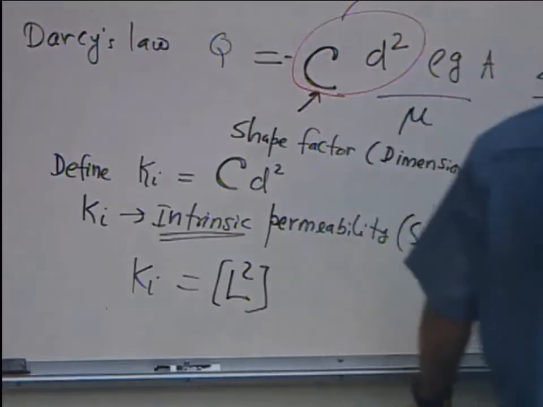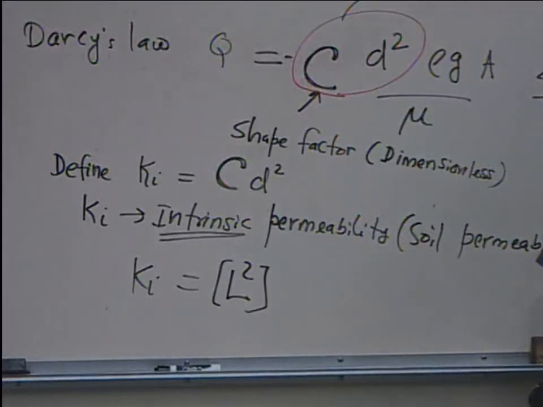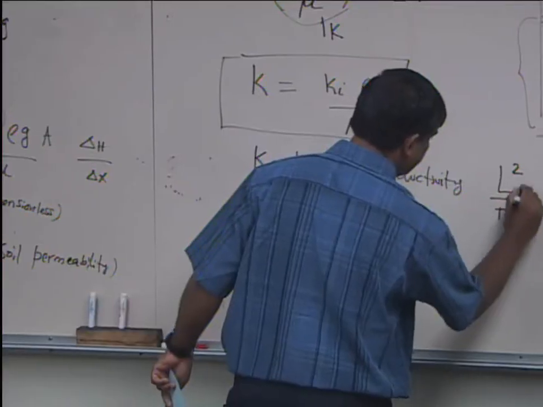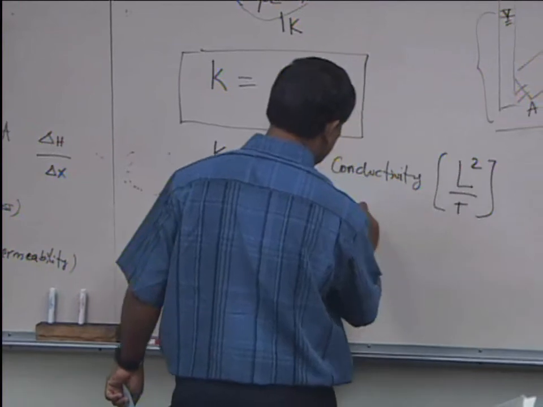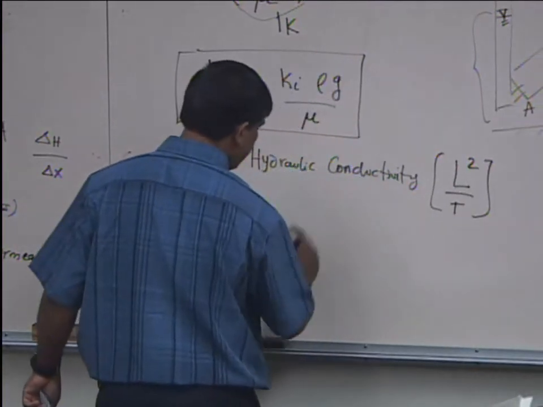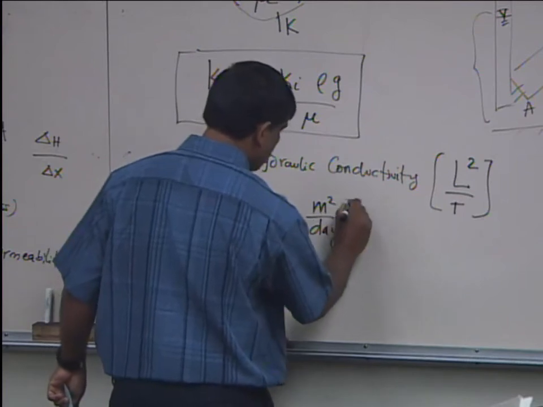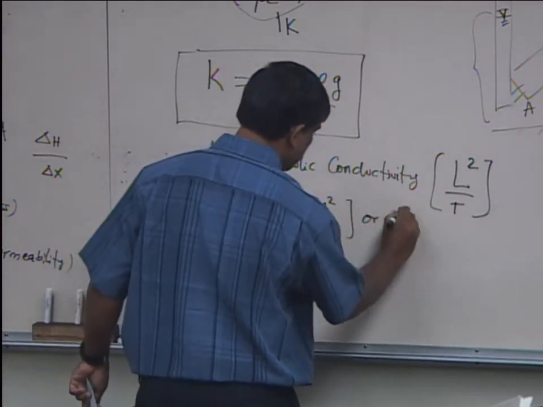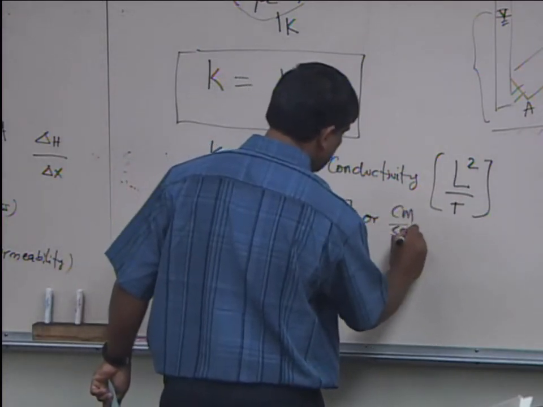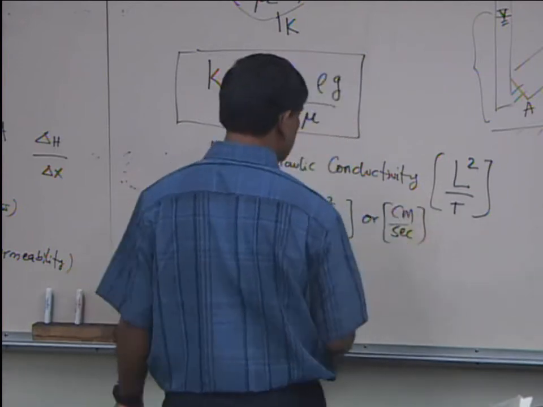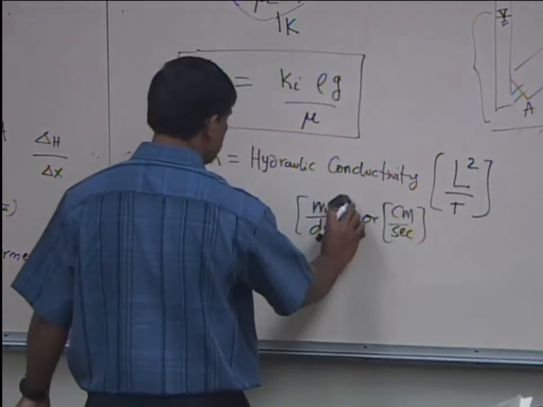Whereas the hydraulic conductivity, if you put all these units, you can convince yourself it will be length squared by time. So typical units will be meter squared per day, okay, or centimeter per second, something like that. Oh, sorry, length per time.